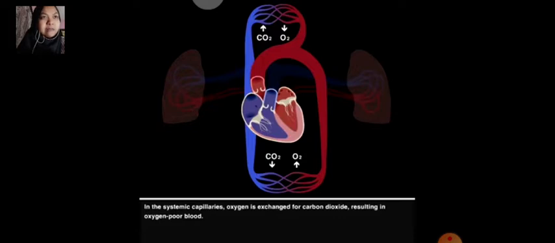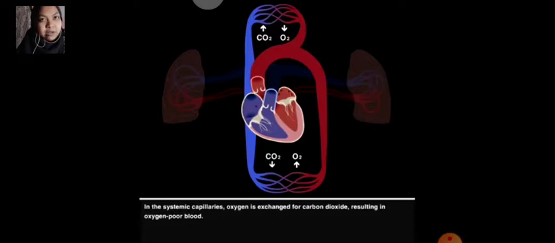Blood from the capillary flows to the venule, then to the large veins, the vena cava superior and vena cava inferior. The superior is above and the inferior is under the heart, and they lead back to the right heart, or right atrium.